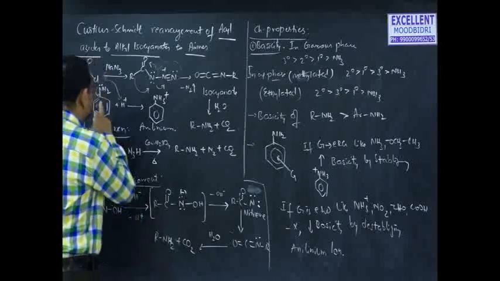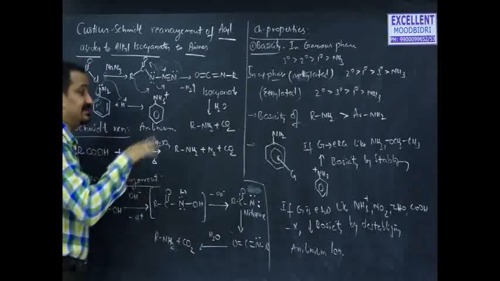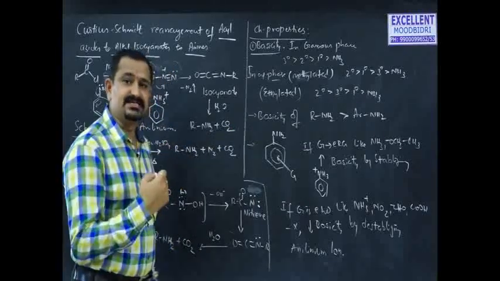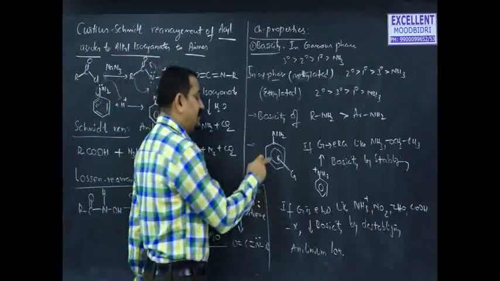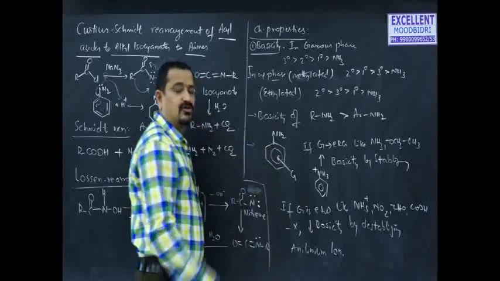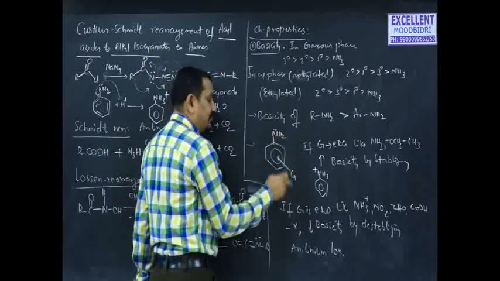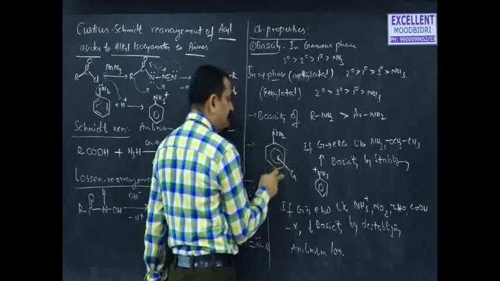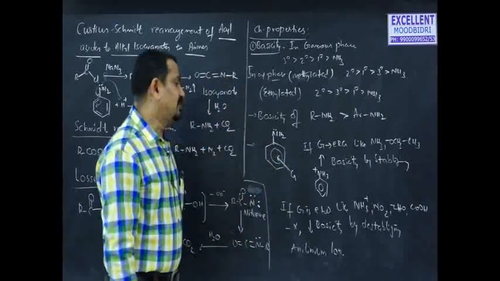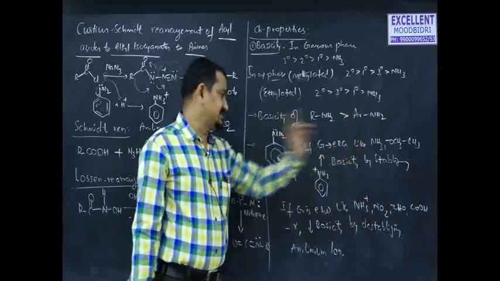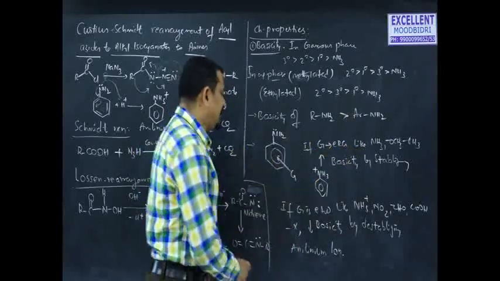That is why aniline is said to be less basic than the aliphatic amines. Aromatic amines are less basic than aliphatic amines. And even in aromatic amines, we need to concentrate on one point. If there is a group on the aromatic ring, and the group is electron releasing, like amino, methoxy, methyl, etc., then anilinium ion will be formed.